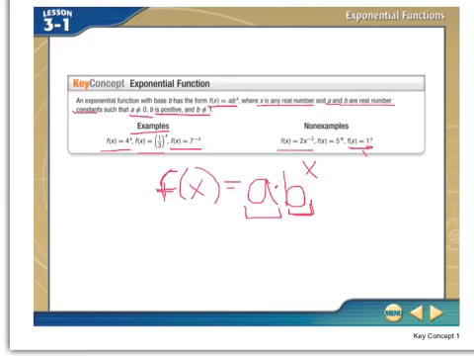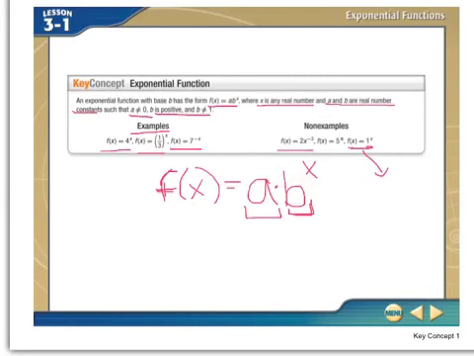If you think about this function, it's not exponential because 1 to any power, 1 squared, 1 cubed, 1 to the 4th, 1 to the 5th, no matter what we plug in for x, our outputs or our y values are always equal to 1. That's an example of a constant function where x changes but y stays the same.